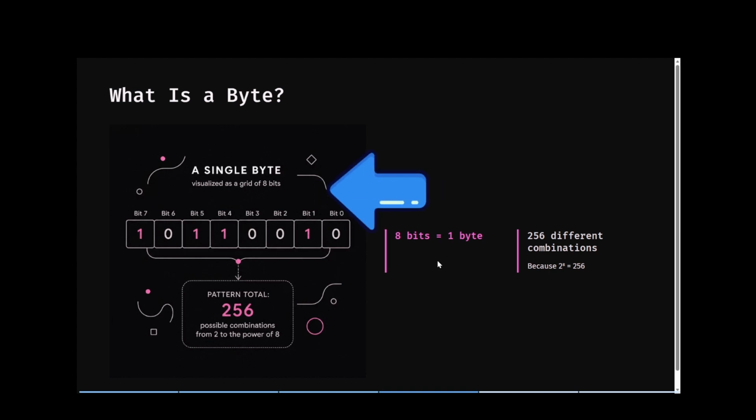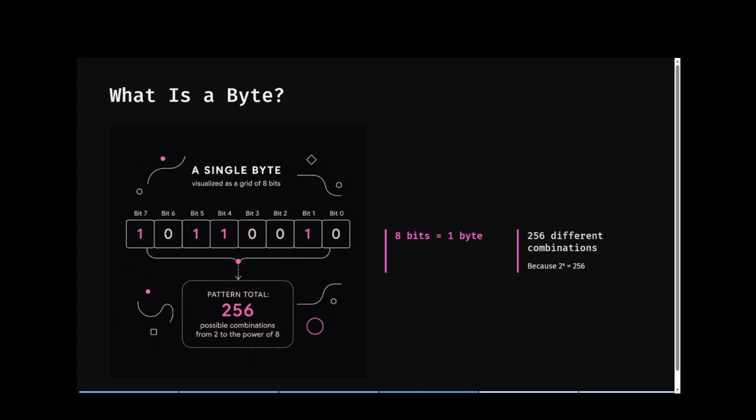You need to remember this one thing: 8 bits is equal to 1 byte. So instead of having just a single 0 or 1, we can combine 8 of them, and then we get 1 byte. For example, here you can see 0 1 0 0 1 1 0 1. We have combined these 8 bits, which means it is 1 byte.